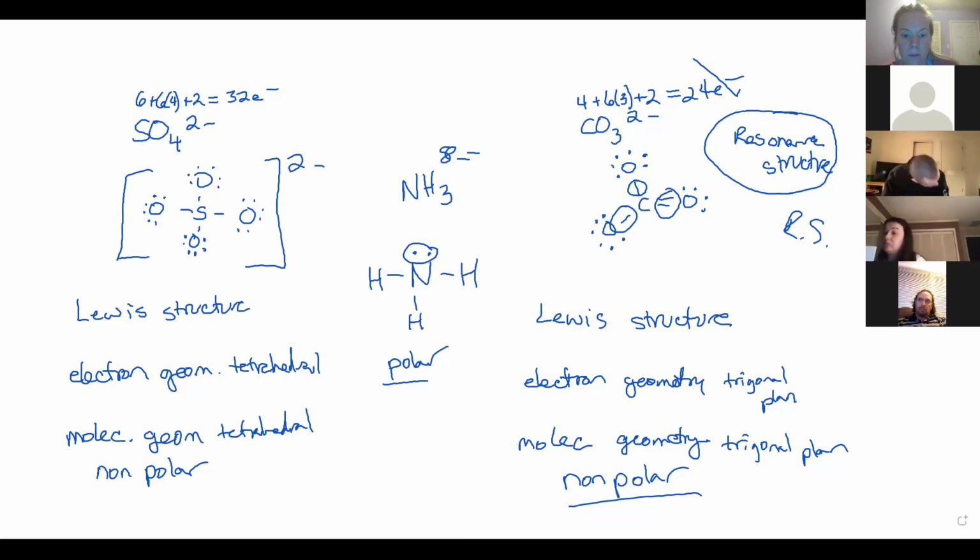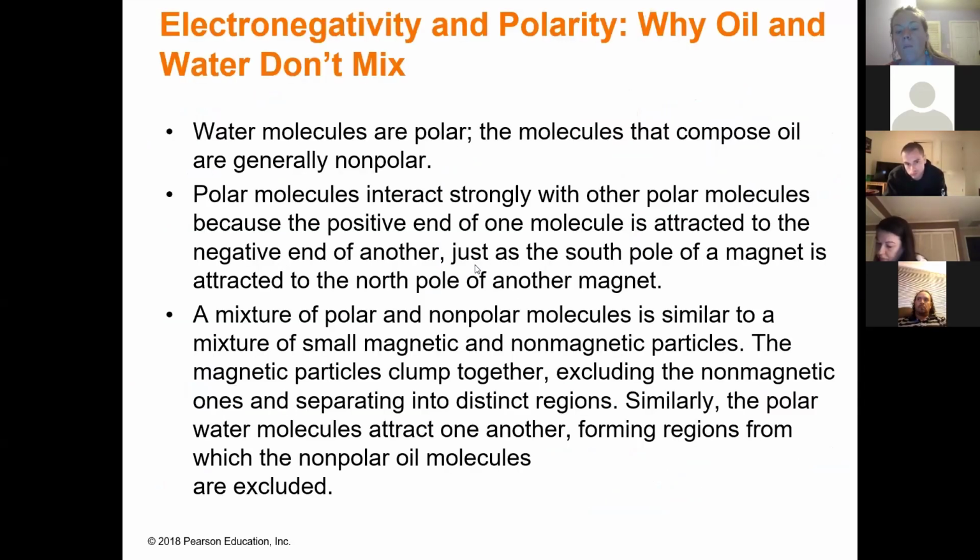So how does this relate back to water and oil not mixing? Well, water is a polar molecule. Oil is generally a nonpolar molecule. So water has a side to it that has a positive charge and a side to it that has a negative charge.